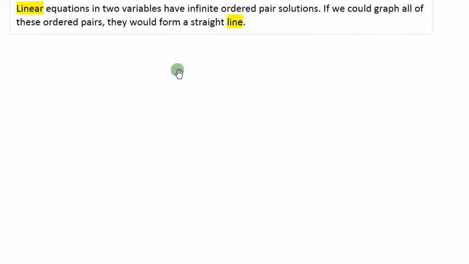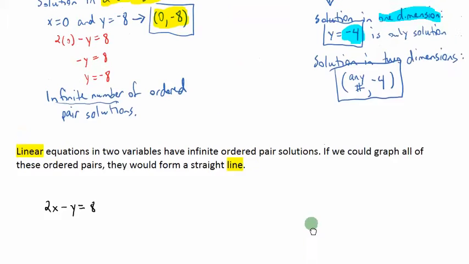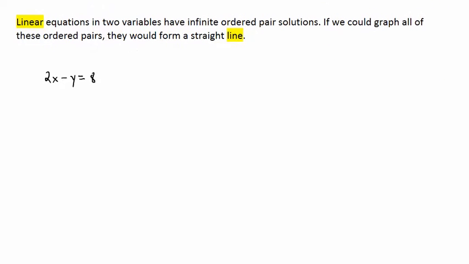So let's look at 2x minus y equals 8, and let's look at -2y equals 8. And I want to graph these, and I know they're both going to be lines because they're both linear.